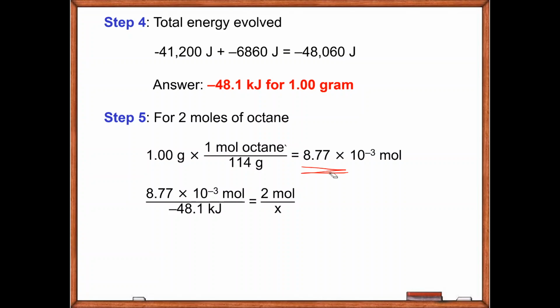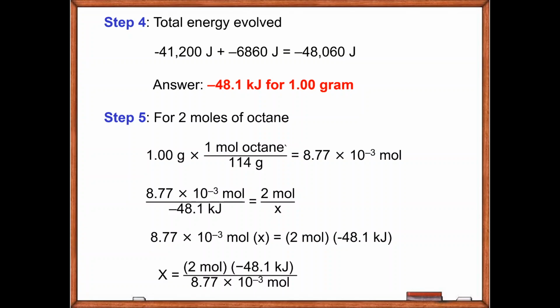That's the information we have. But since this is in moles now, we can say 2 moles over X, then solve for X, and that tells us how much per 2 moles. I probably wouldn't give you something like this last part, but it's good to know that you can also put this in terms of how many moles instead of just per how much mass.